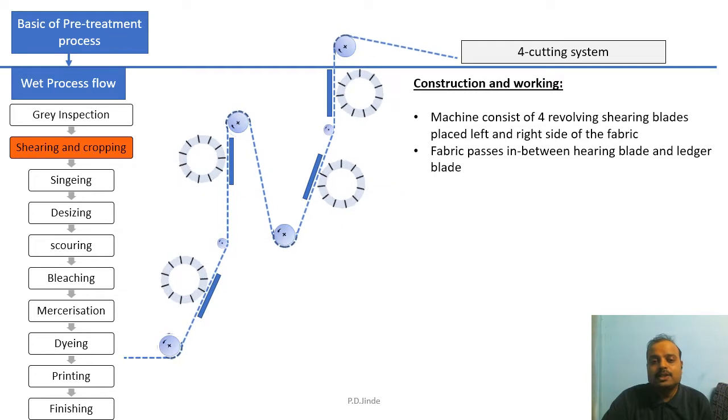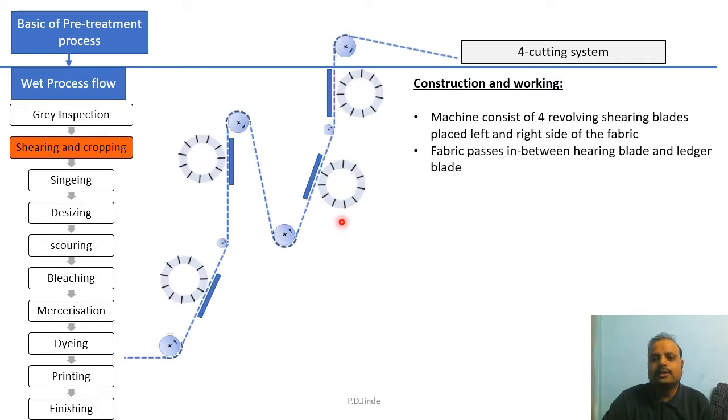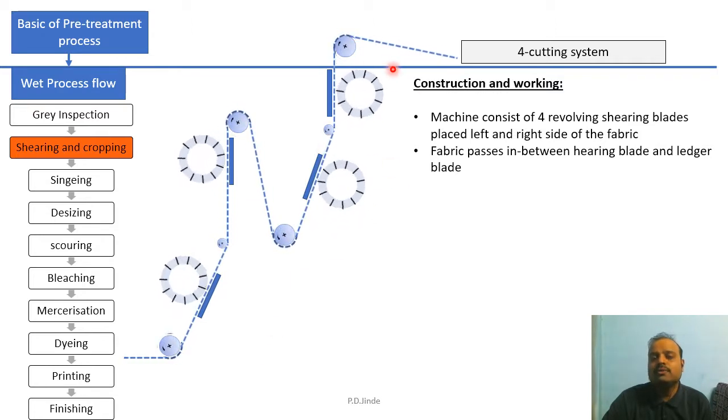This placement on the left and right side is to shear the fabric from both surfaces. If we want to shear only one surface, we need only 2 cutting systems, only 2 shearing rollers. We don't need the other 2 cutting systems, because we want only one side shearing.